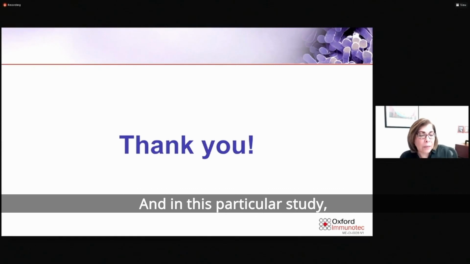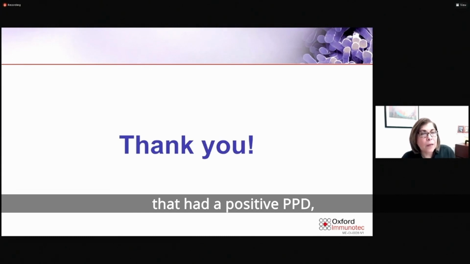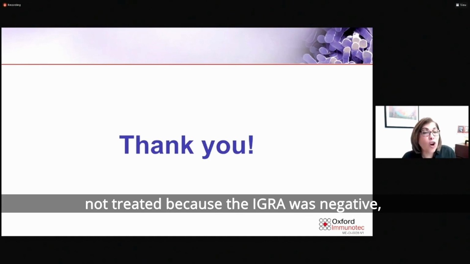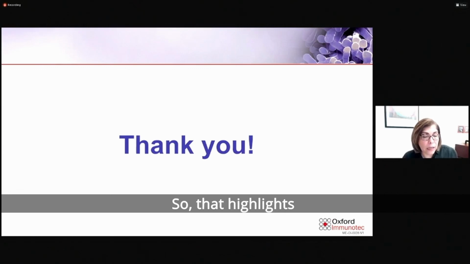In this particular study, they followed the kids prospectively to see which of them would develop TB. None of the kids that had a positive PPD and negative IGRA, and were not treated because the IGRA was negative, developed TB disease. So that highlights the importance of that.